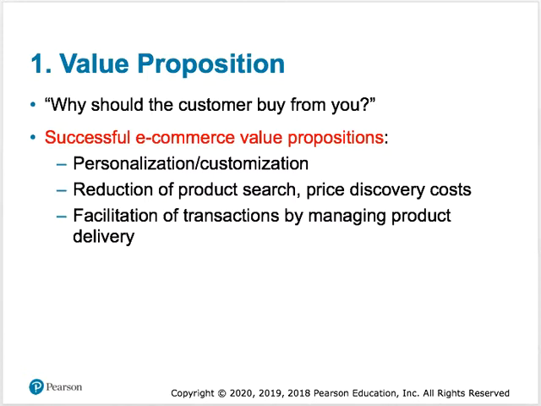And then the other successful value propositions include the reduction of product search costs and reduction of price discovery costs that only e-commerce and e-business with the website, web shop, can provide, with the rich media content available online.